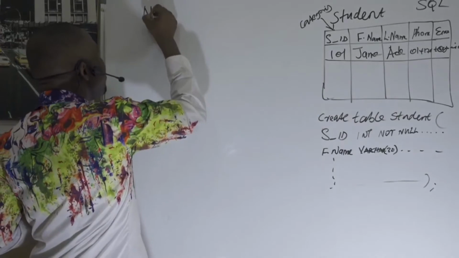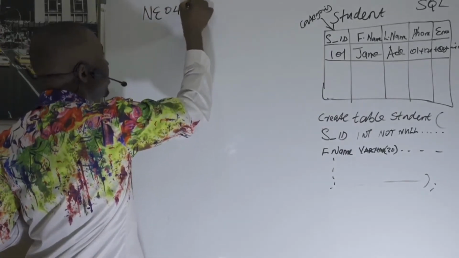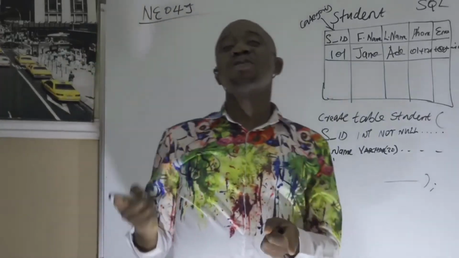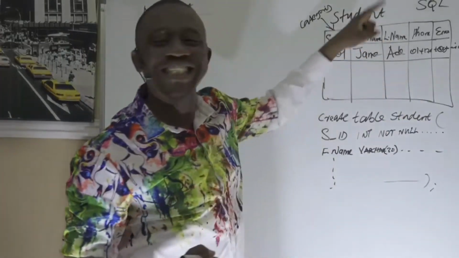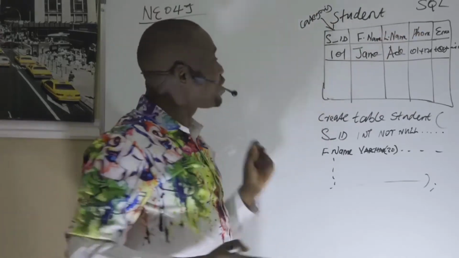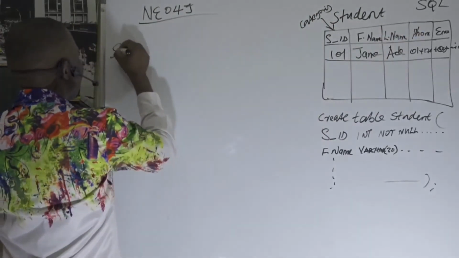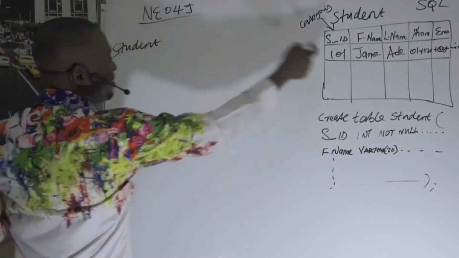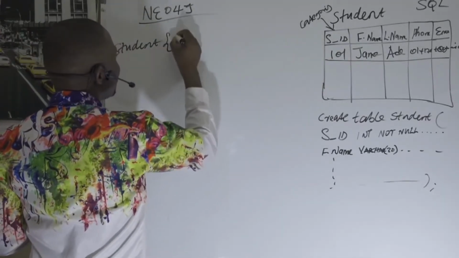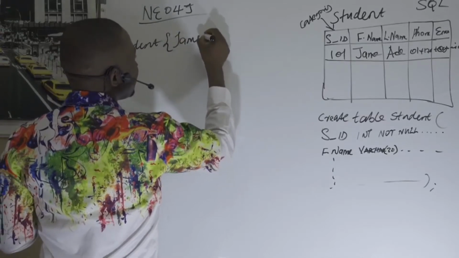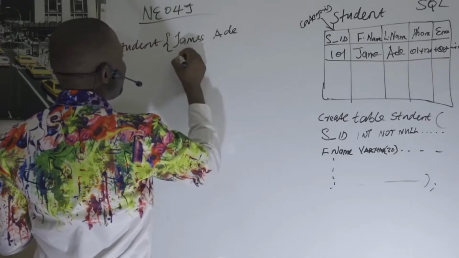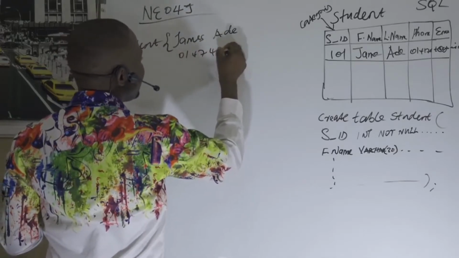In Neo4j, when you want to input information, you don't need to create the table ahead of time. Assume I want to create a student. The same student, his name is James Ade. His phone number is 147 whatever.